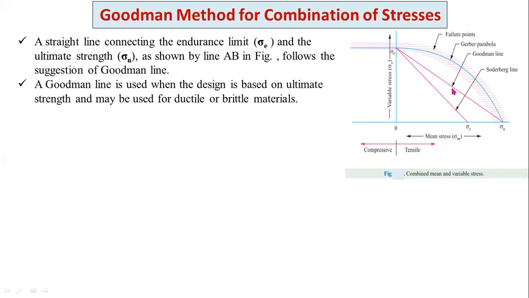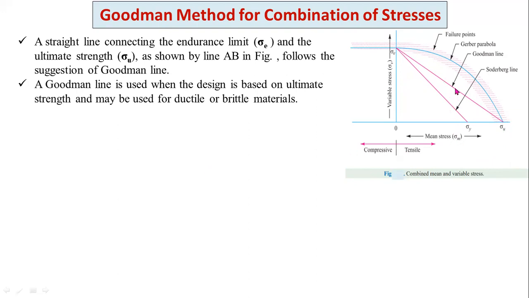This Goodman failure line is used when the design is based on ultimate stress only. This Goodman line is useful for design of components on the basis of ultimate tensile strength, and it may be used for ductile materials as well as brittle materials.